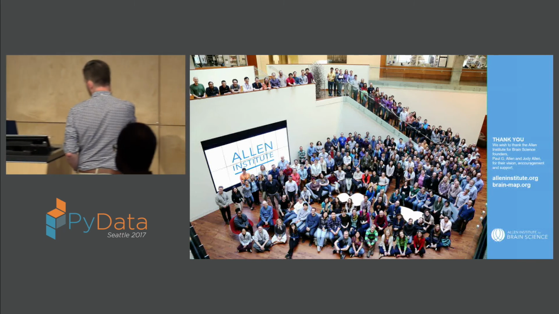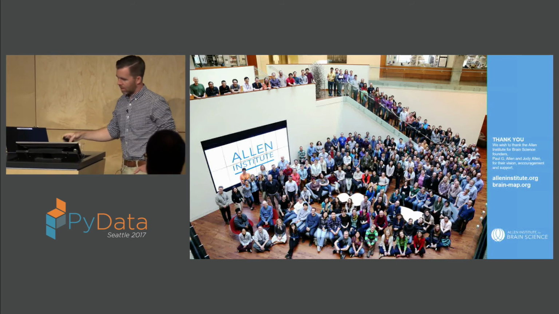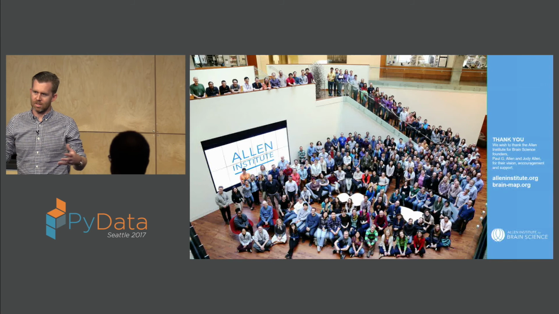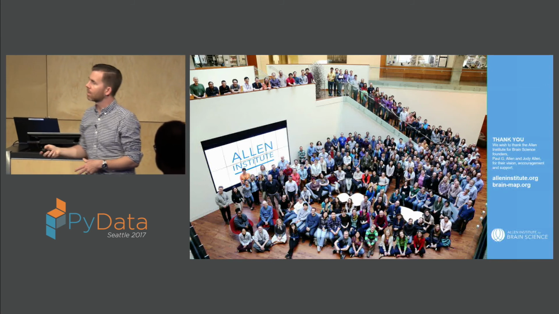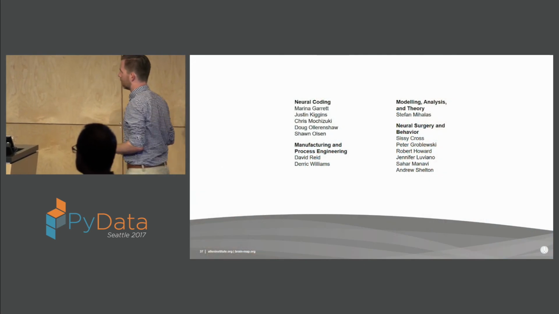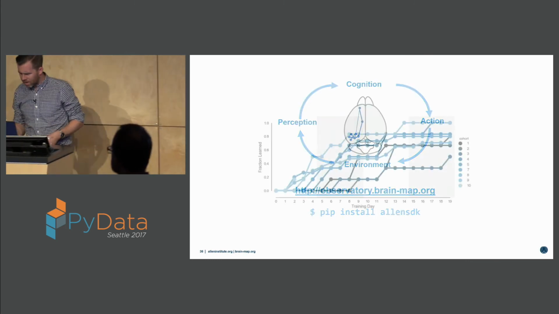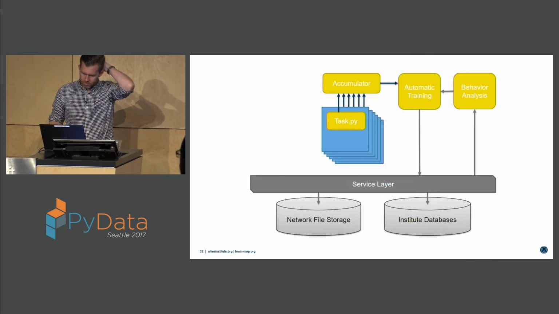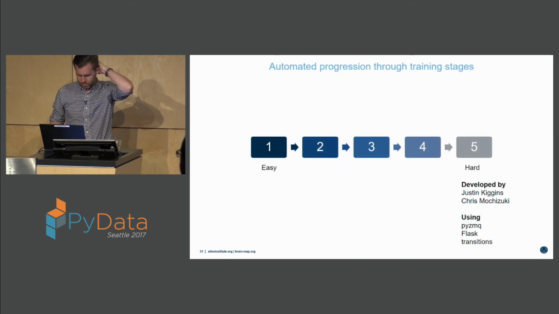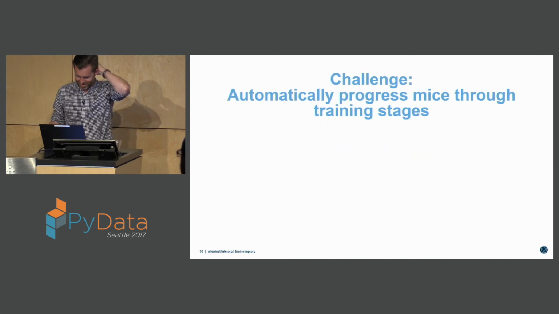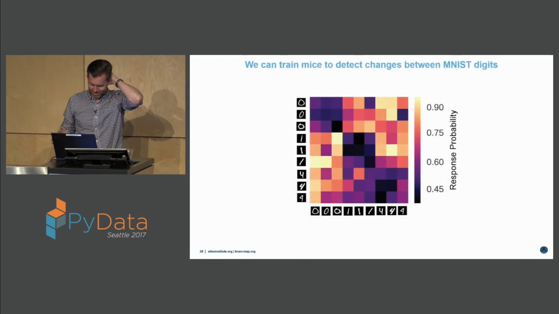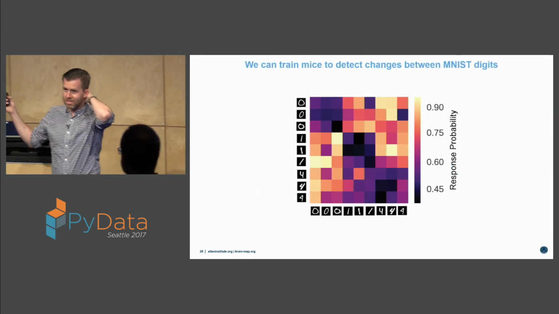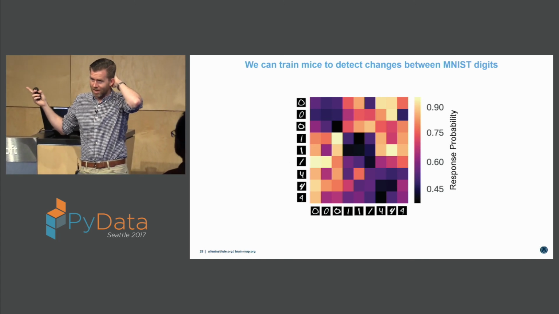Totally, absolutely. That's one of the key questions that we need to ask and validate within a data set. So for this, I think this MNIST data is a good example.